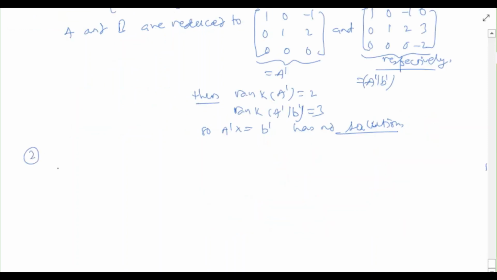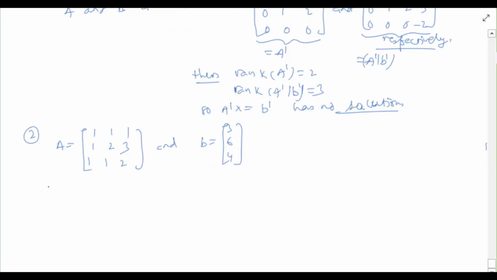Let's look at another example. Now A is 1 1 1, 1 2 3, 1 1 2 and B is 3 6 4. The augmented matrix now is AB equals 1 1 1 3, 1 2 3 6, 1 1 2 4.